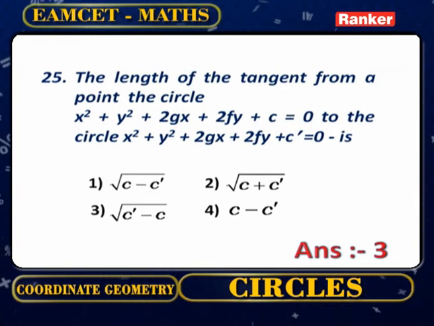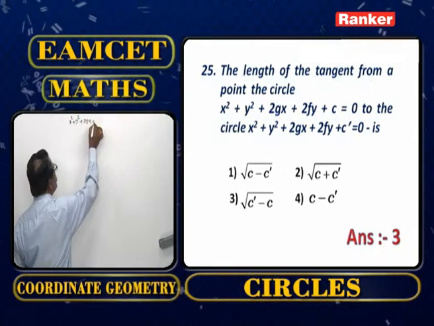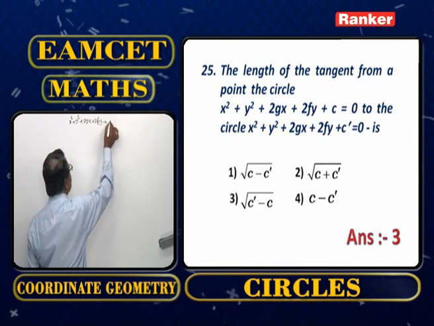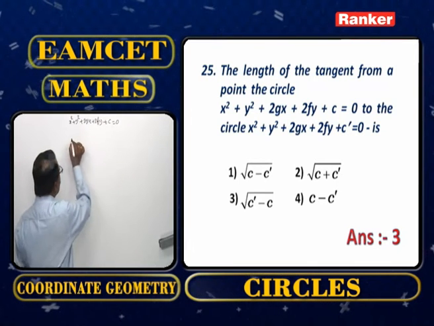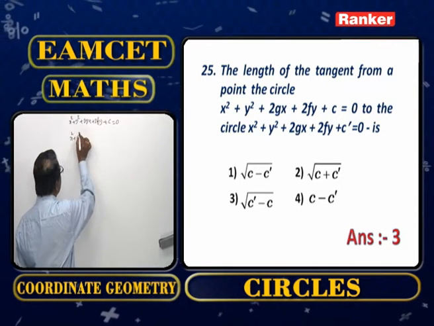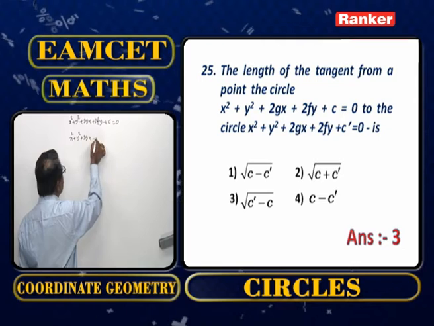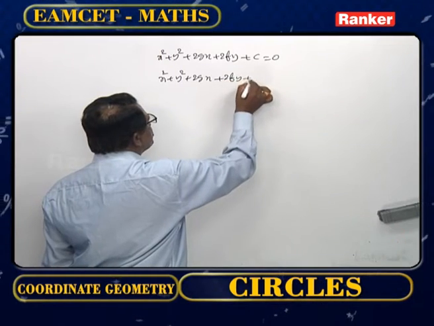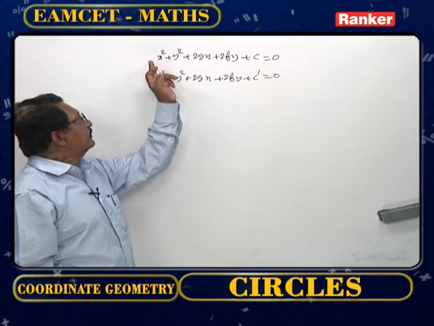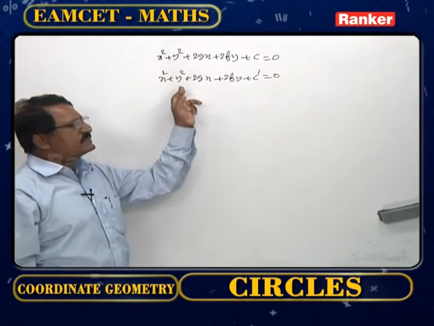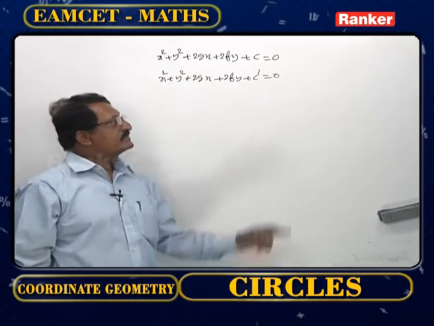Next: the length of the tangent from a point on the circle x square plus y square plus 2gx plus 2fy plus c equals 0 to the circle x square plus y square plus 2gx plus 2fy plus c dash equals 0. We require the length of the tangent from a point on the first circle to the second circle.